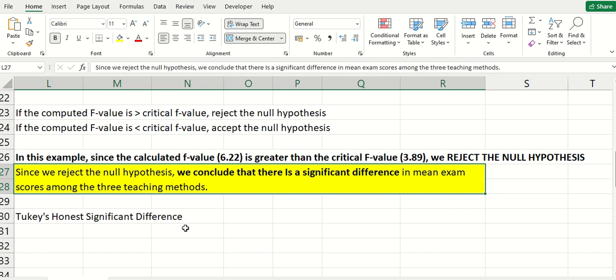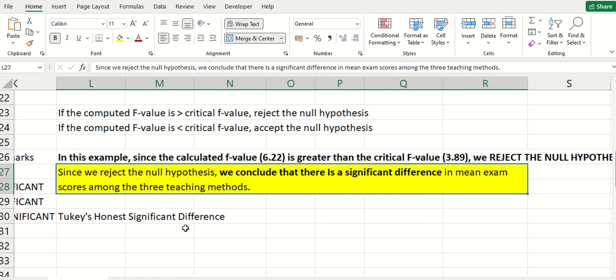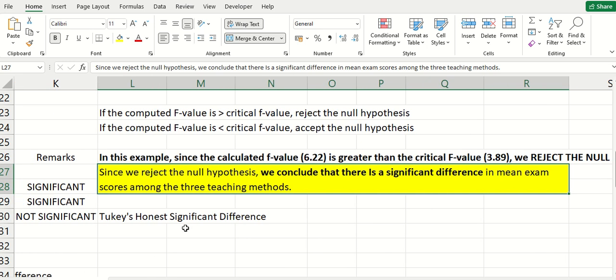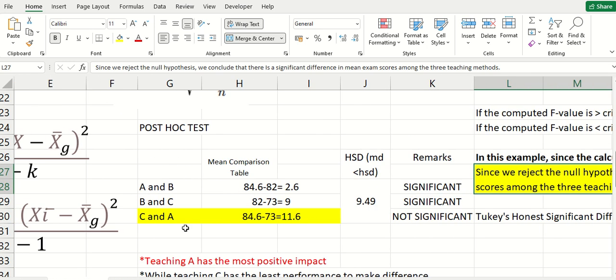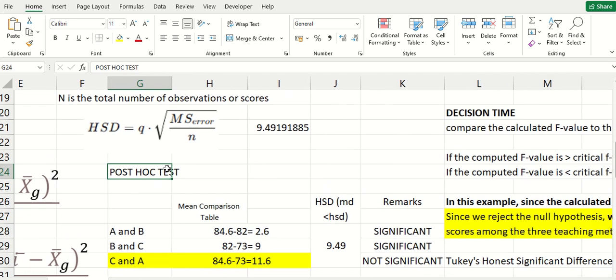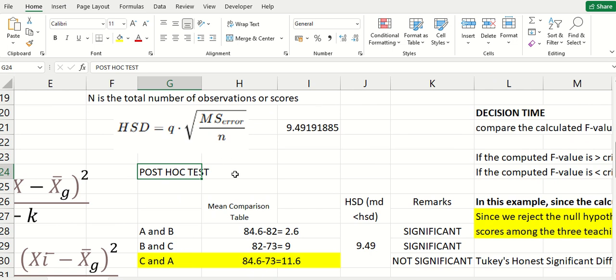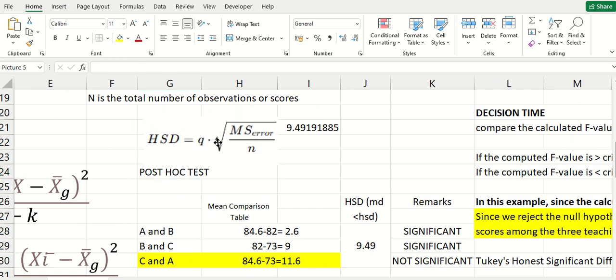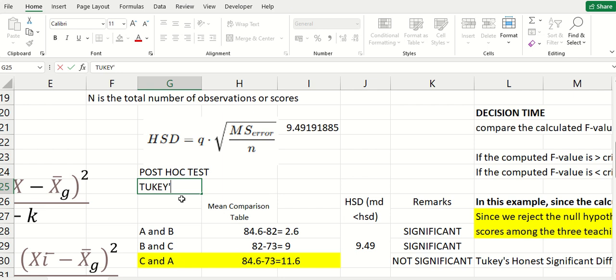But there is also another condition in statistics: if it happens that we have a significant difference, meaning we reject the null hypothesis, we need to conduct a post hoc test. One of the most common post hoc tests is the Tukey HSD.